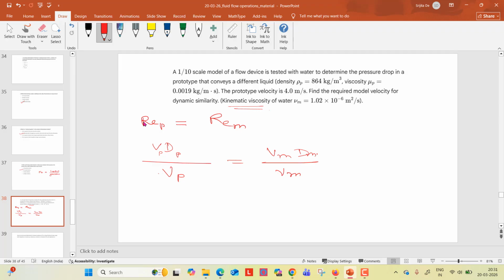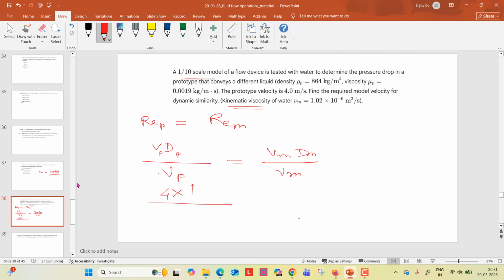So Vp is given as 4, right? dp is given as 1. Lp by Lm ratio is 1 by 10, so I am taking it as 1. dp by dm ratio, that means 1 by 10 scale model, right? So it is 1. And nu p we don't know. What we know is the rho p and mu p.